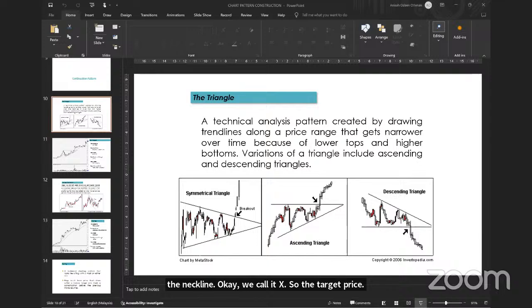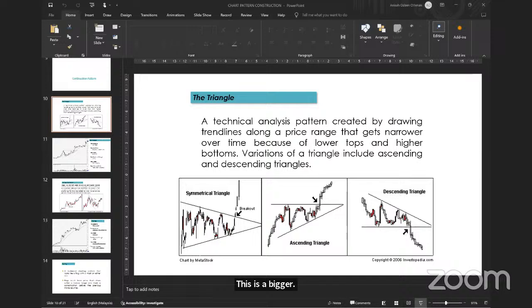Same goes for inverted: you measure the height to the head, and that's the height it will go. X to X. That's how you use that pattern as your target. You see, this is a bigger head and shoulder, a bigger time frame.